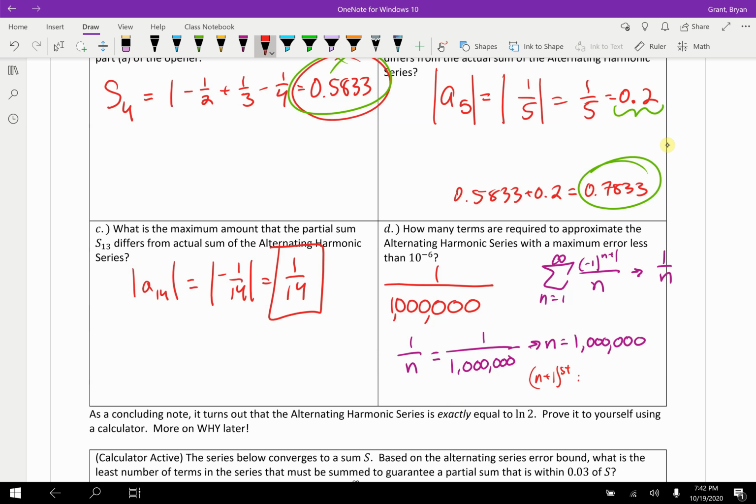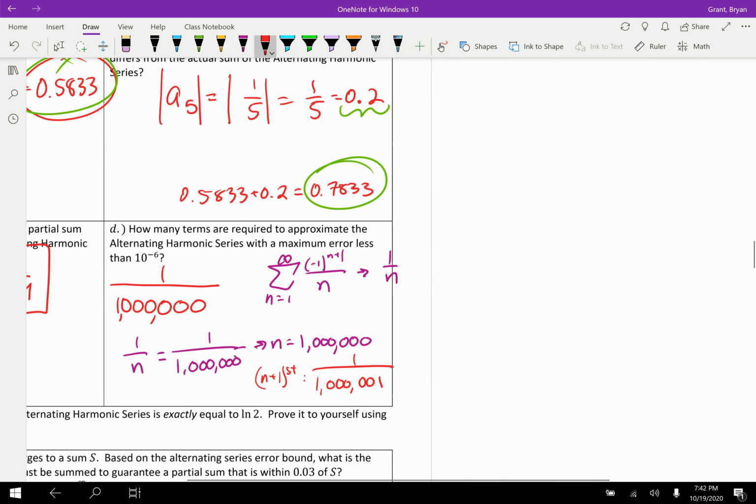The next neglected term after those million terms is actually this. That's the next term. And so this is going to make me a million terms in, and the error that I'm off by is this guy. And that's okay, because that is certainly less than 10 to the negative 6. A bigger denominator, it's a smaller fraction.